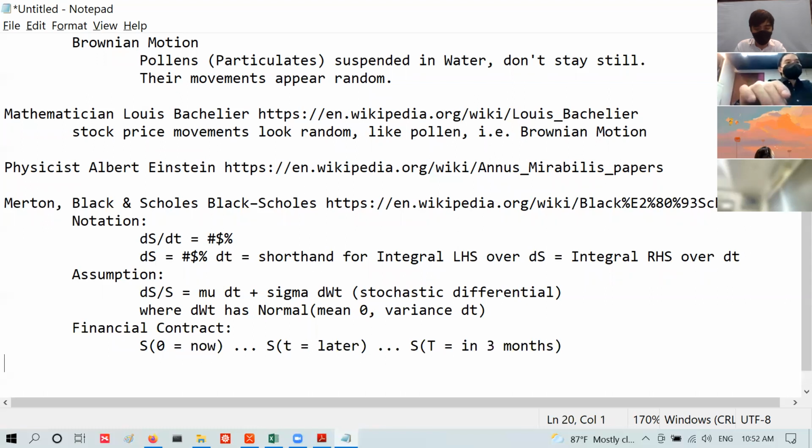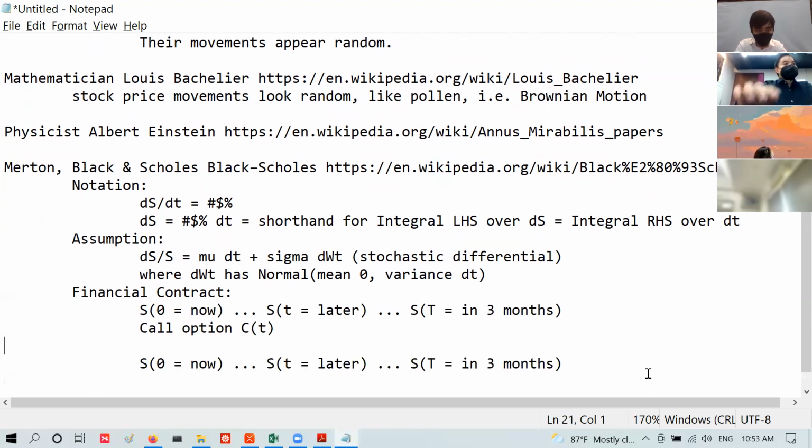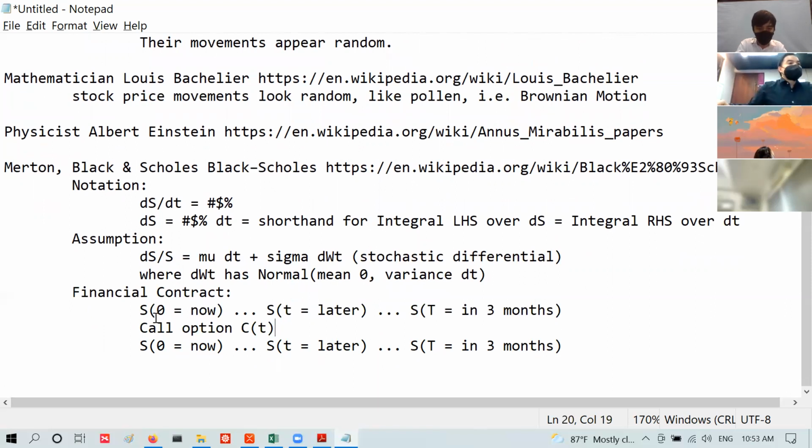There's a financial contract that's called an option, a call option CT. Again, it's going to be the same thing. It's a derivative contract because, I'll show you.